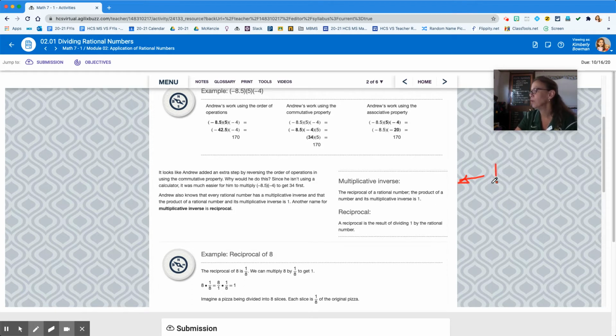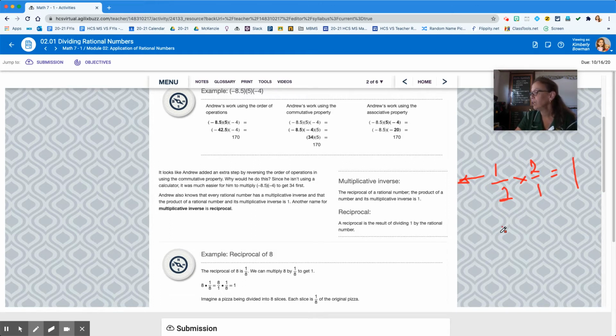So if I have 1/2, the multiplicative inverse of that, when I multiply by it, should give me an answer of 1. And the reciprocal just means flip that over. So 1/2 and 2/1 are multiplicative inverses. You just flip them over.